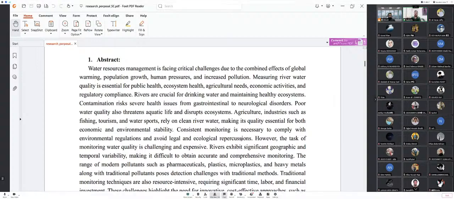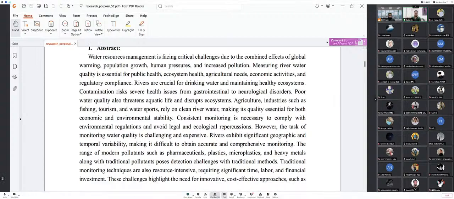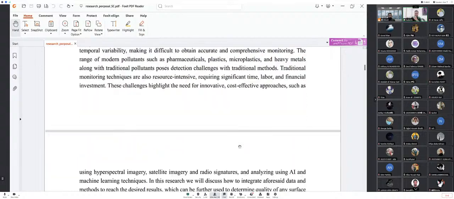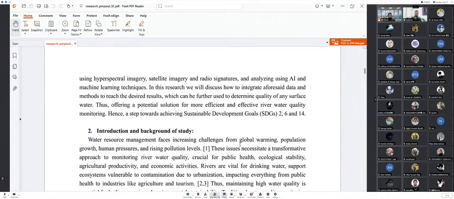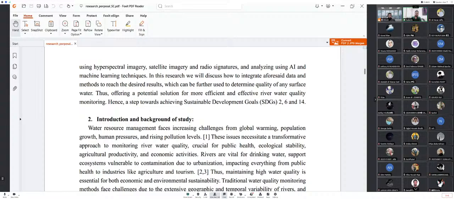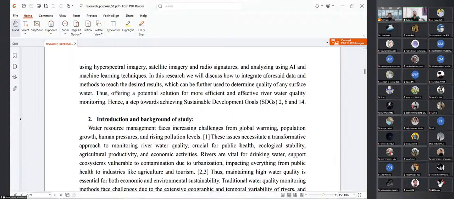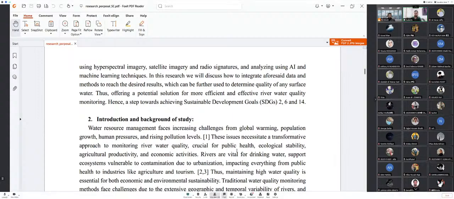You have an abstract of around 250 words, then an introduction or background of study. You can see I have put numbers 1, 2 and 3 in brackets. These are the references.